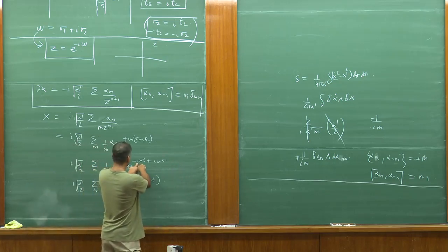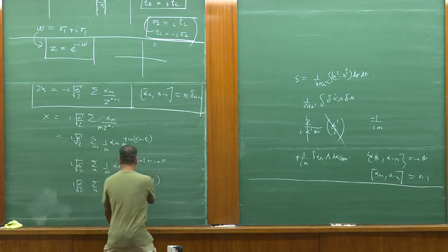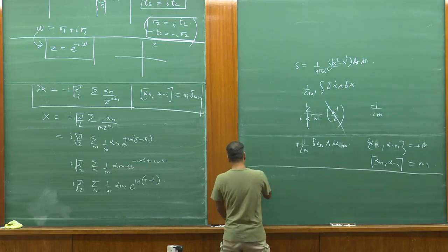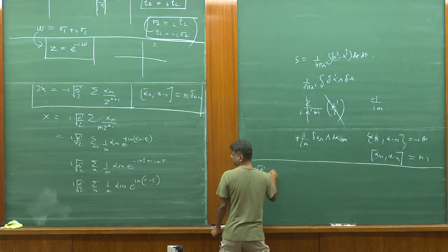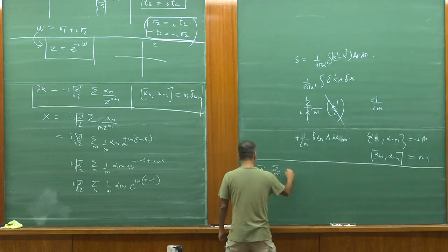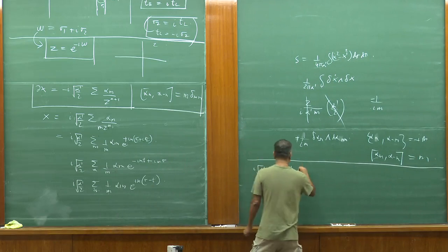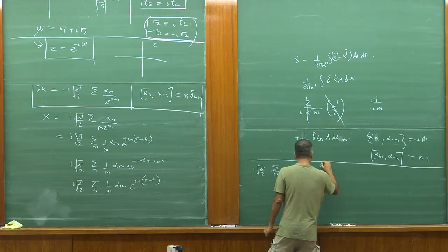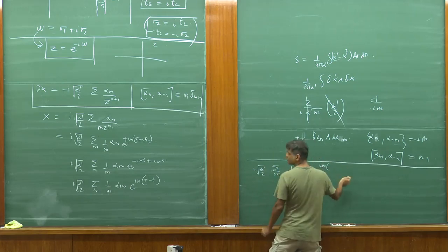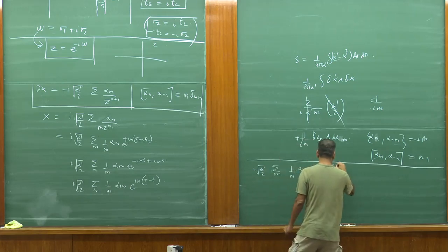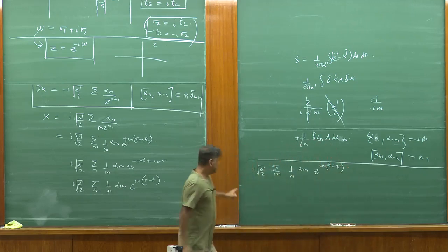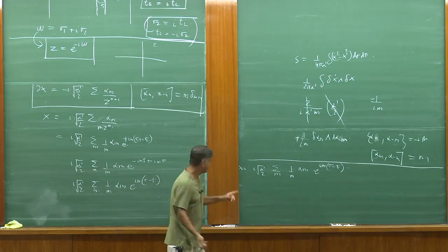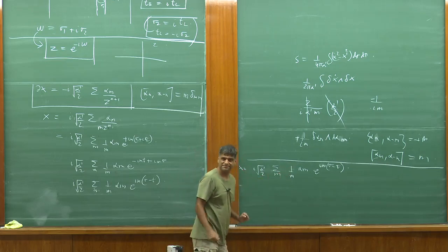This whole thing turns into, so let's look at, I'll rewrite that expansion. So that was i square root alpha prime by 2 sum over m 1 over m alpha m e to the power i m into sigma minus t. So x, or really the right moving part of x, let's call it, is this.